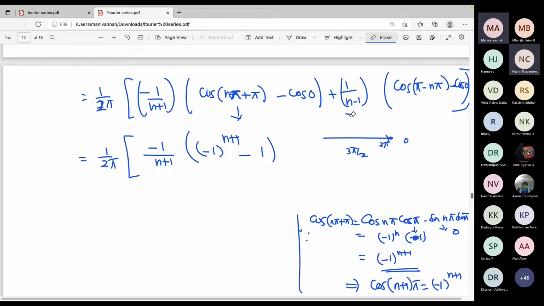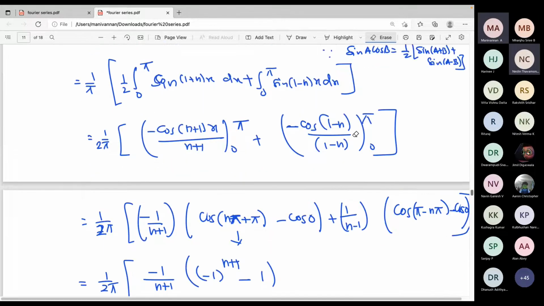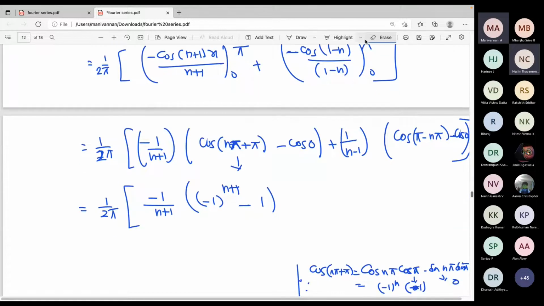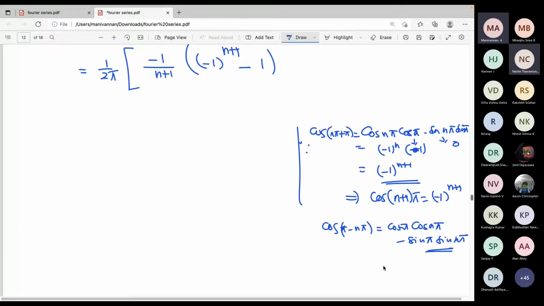The next one, n pi, 1 minus n is cos of pi minus n, means it is cos a cos b minus sin a sin b. Okay, it is 0, it is 0, remaining it is minus 1.